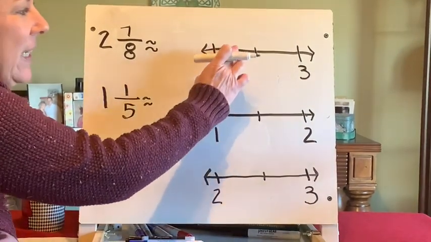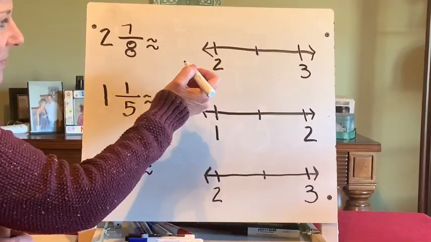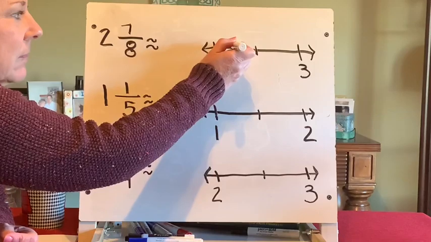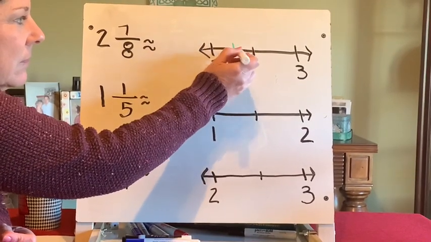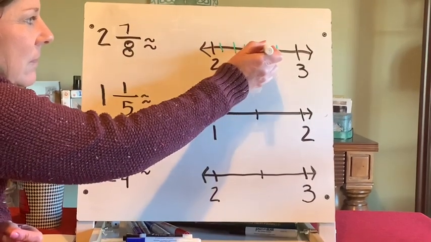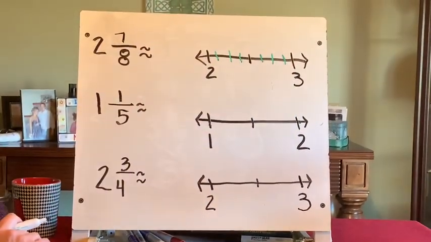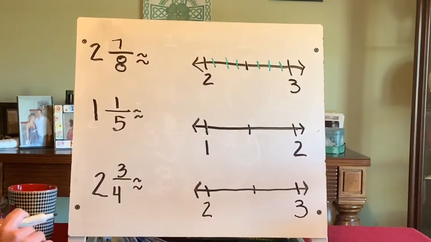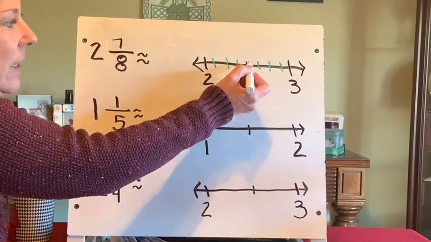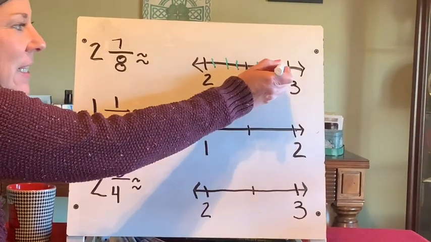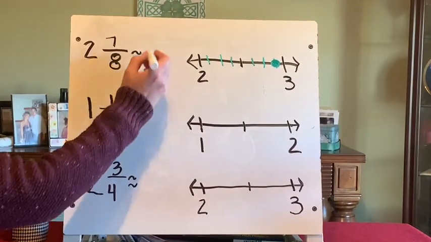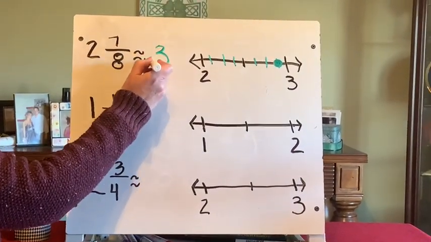Well, if I were to break each of these into fourths, now I have eighths: 1/8, 2/8, 3/8, 4/8, 5/8, 6/8, 7/8 is right there. So 2 7/8 is definitely closest to 3.